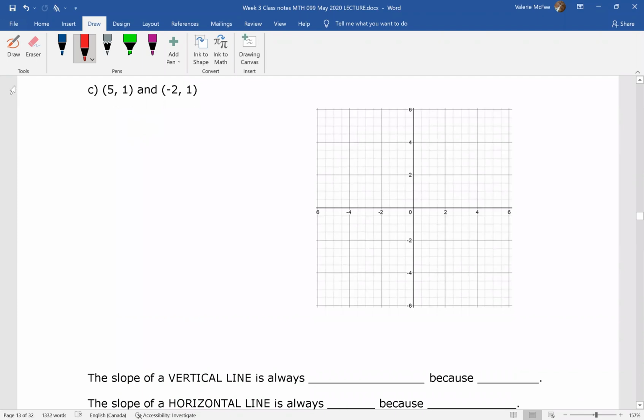Look at this one. What do you notice? Do you notice that y1 and y2 are the same? We didn't say that that wasn't permitted, but what will it mean for our slope?